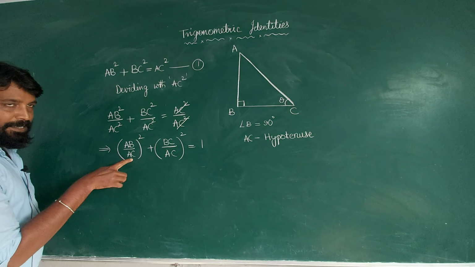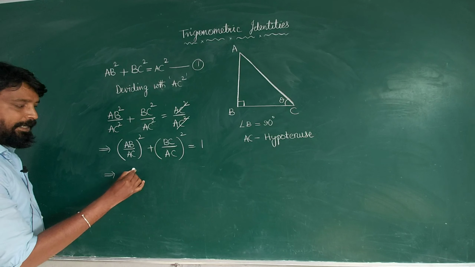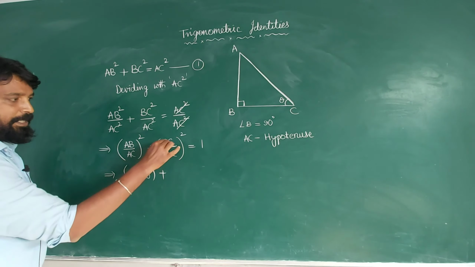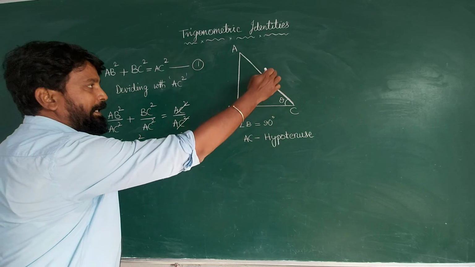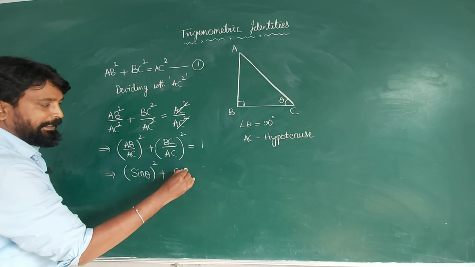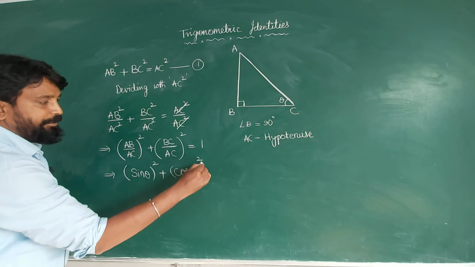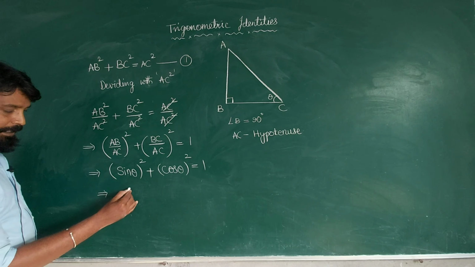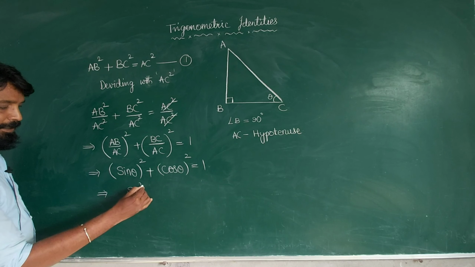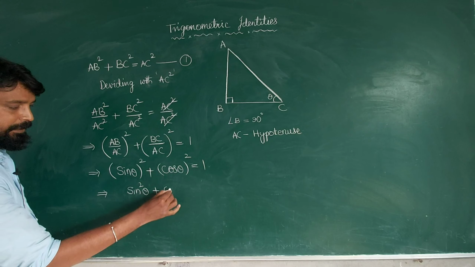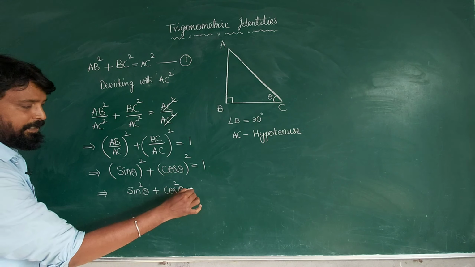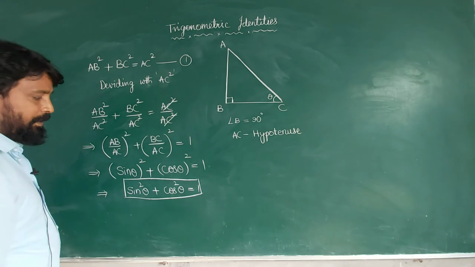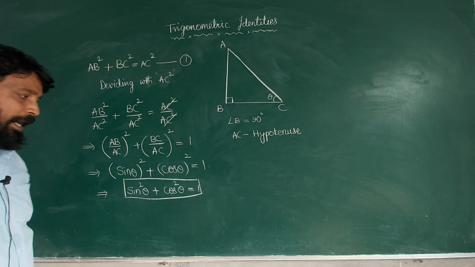Opposite by hypotenuse, the ratio is called sin theta, whole square, plus BC by AC, adjacent side by hypotenuse, that is cos theta, whole square, is equal to 1. Sin theta whole square can be written as sin square theta plus cos square theta is equal to 1. This is called the first trigonometric identity.